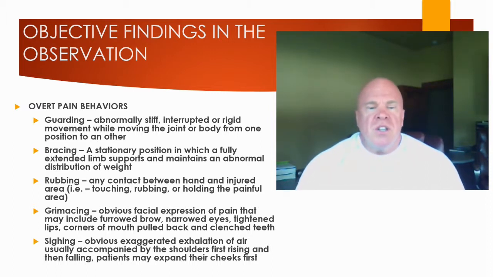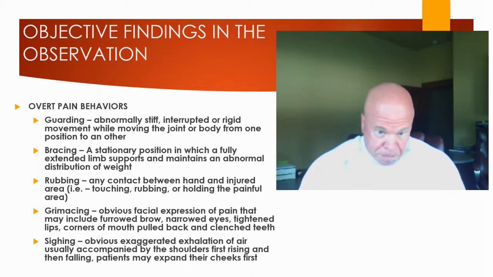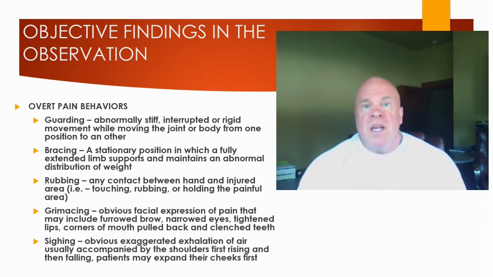Bracing is a stationary position in which a fully extended limb supports and maintains an abnormal distribution of weight. It's commonly seen in the lower extremity, where the examinee places a greater proportion of their body weight on the healthy lower extremity in order to evade and avoid pain on the injured lower extremity. Again, these pain behaviors are nothing more than manifestations of evasive action as the examinee attempts to maneuver and manipulate themselves away from the point of pain.